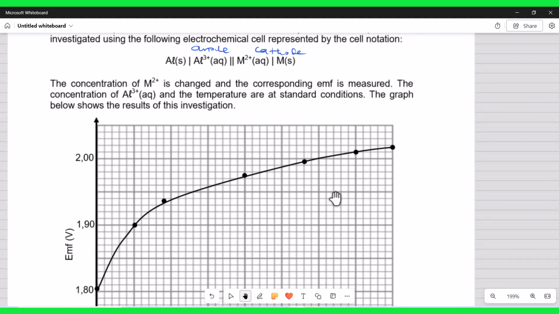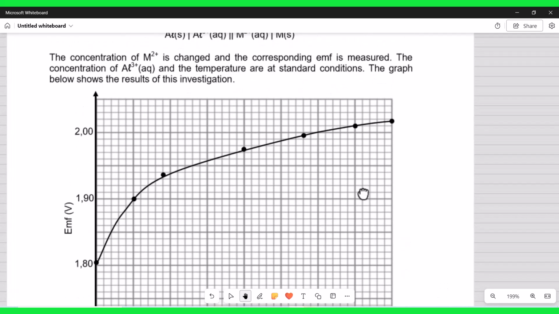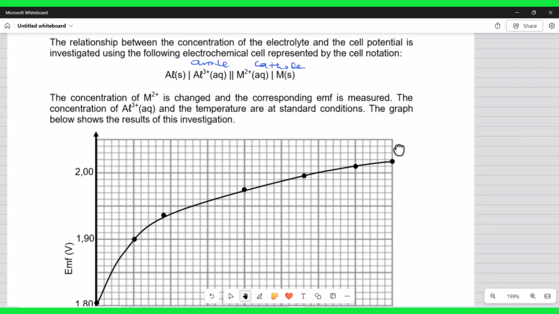Now they're saying identify the reducing agent. The reducing agent is the substance which is oxidized. I repeat, the reducing agent is the one which is oxidized. If you check here, this aluminium solid was oxidized to aluminium 3 plus ions. M2 plus ions was reduced to M solid.